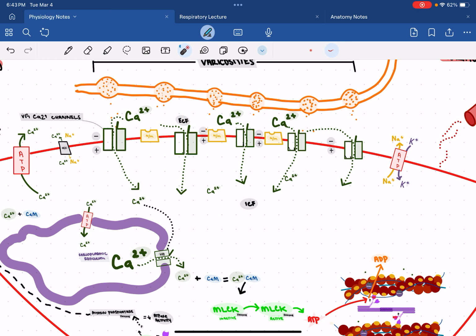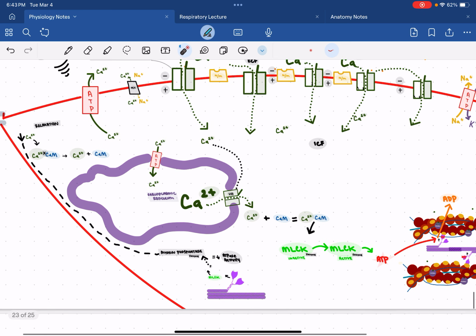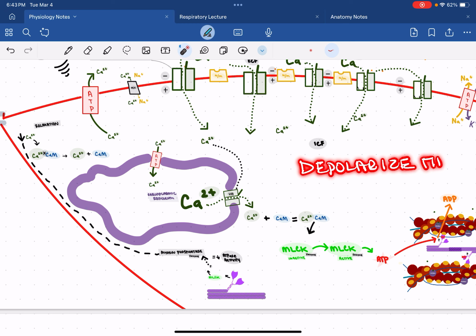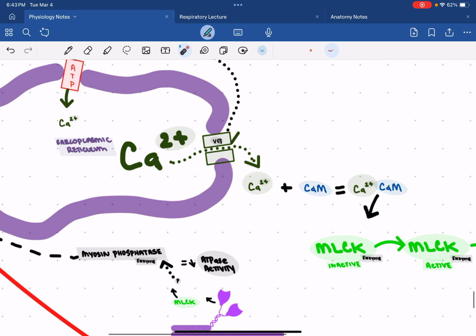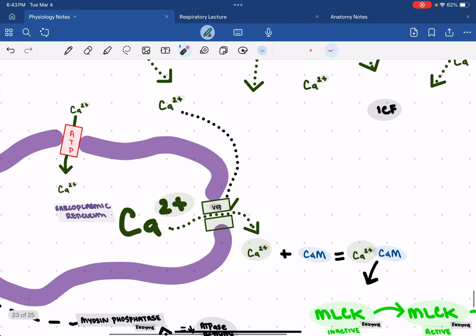We are going from high to low, going from ECF to ICF. The act of calcium, which has a 2 positive charge, will depolarize the ICF. The act of depolarizing the ICF creates a change in voltage.